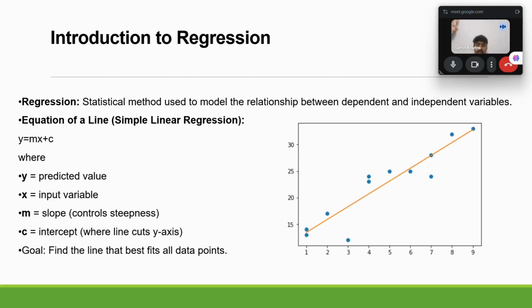Here y is the predicted value, x is the input variable, and m is the slope, that controls the steepness of the line. And c is the intercept where the line cuts the y-axis. The main goal of regression is to find the best fit for all the data points. The line passing through the maximum number of data points is said to be the best fit.